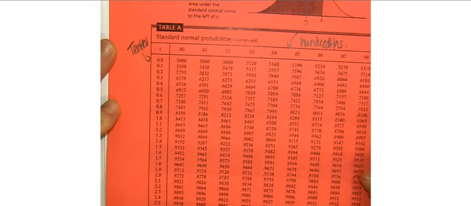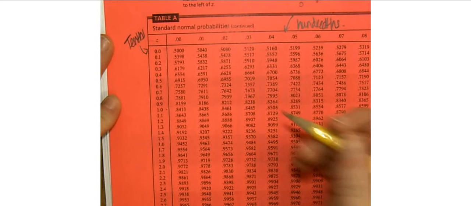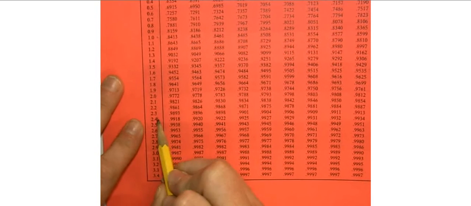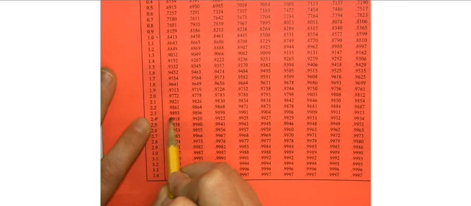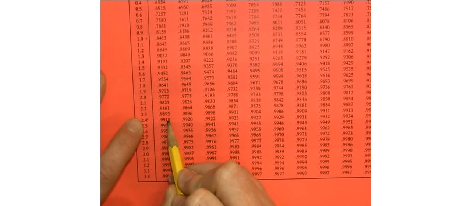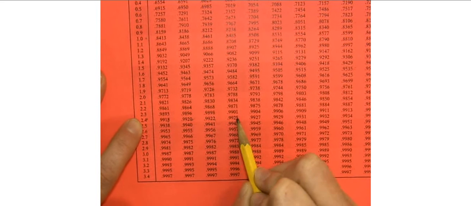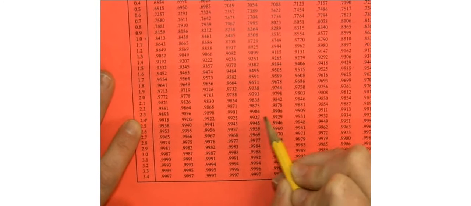So this is the tenths place and the hundredths place. 2.4 is right here. And then I'm going to count over. This is 2.40, 2.41, 2.42, 2.43, 2.44, 2.45.